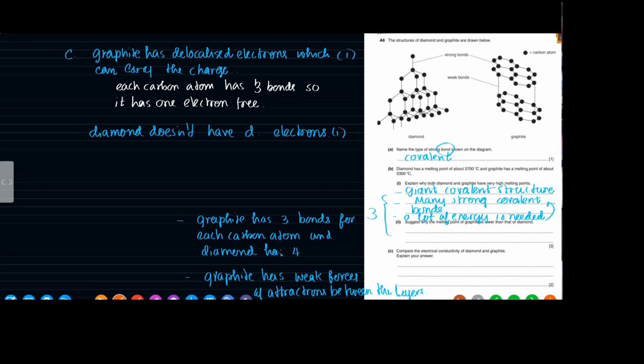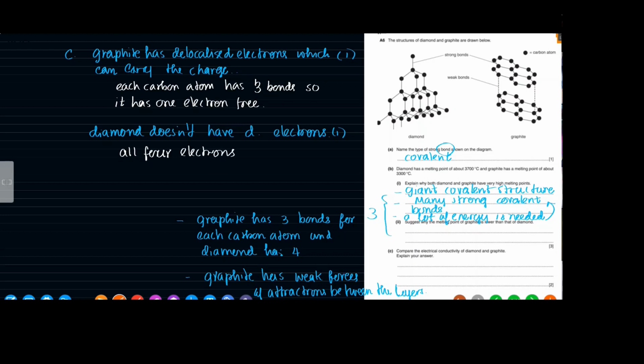The opposite argument is that diamond doesn't have delocalized electrons because all 4 electrons in the carbon atom are used for bonding.